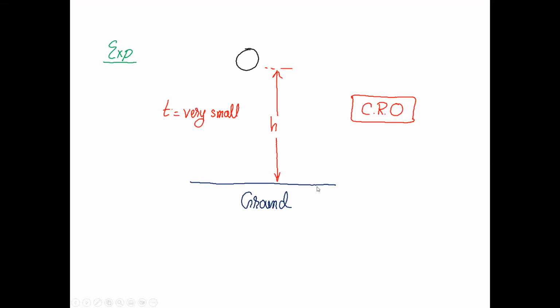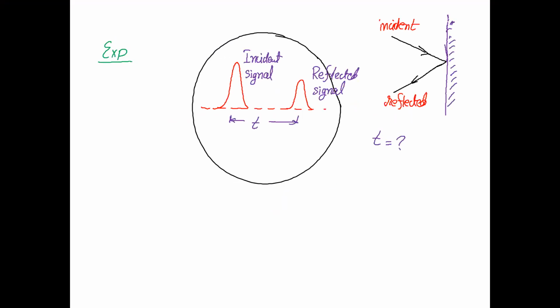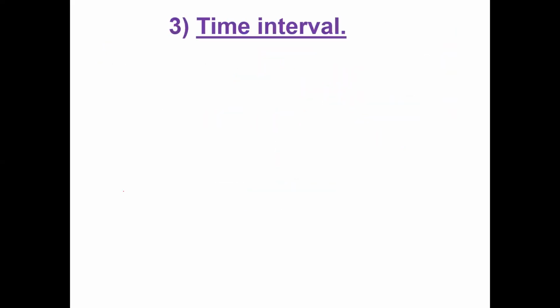For example, you are dropping a ball. The ball comes down very quickly. CRO can even detect such a small time. Look at these two signals. The difference between the incident and reflected signal is very small. In such cases where the time interval is very small, the CRO can effectively detect it.